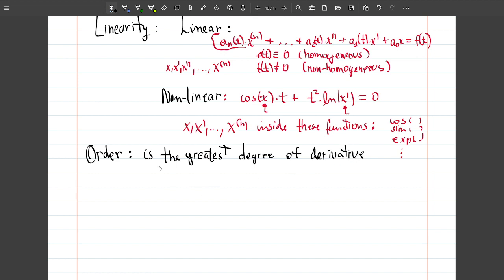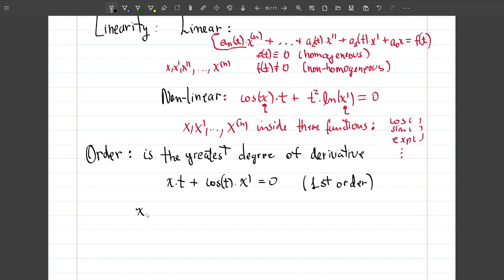So if I put x times t plus cosine of t times x prime equals 0, this one is first order because the greatest derivative is the first order.